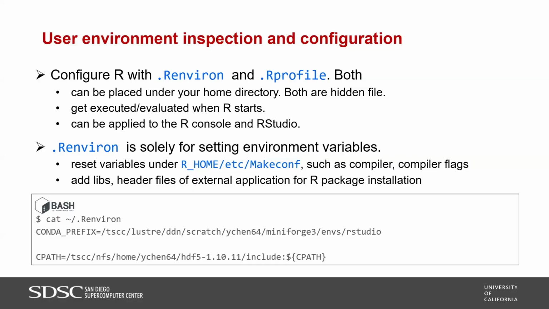So in this example, once we open the R environment in a text editor in Bash, then we can check what environment variables have been set, and if you want to add something new, you can just change it there.